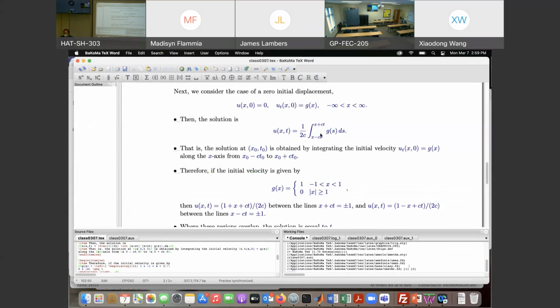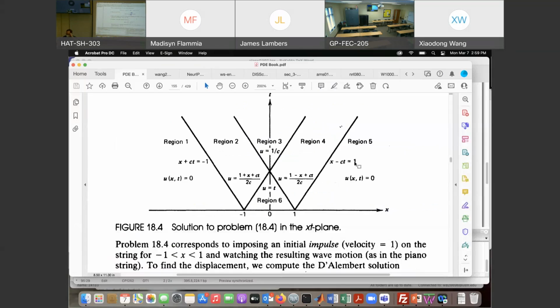Really what you're doing is figuring out the intersection of these two intervals, and that is where you'll evaluate your integral. Since the initial data is just equal to 1, it would just be the difference of those limits. All right.